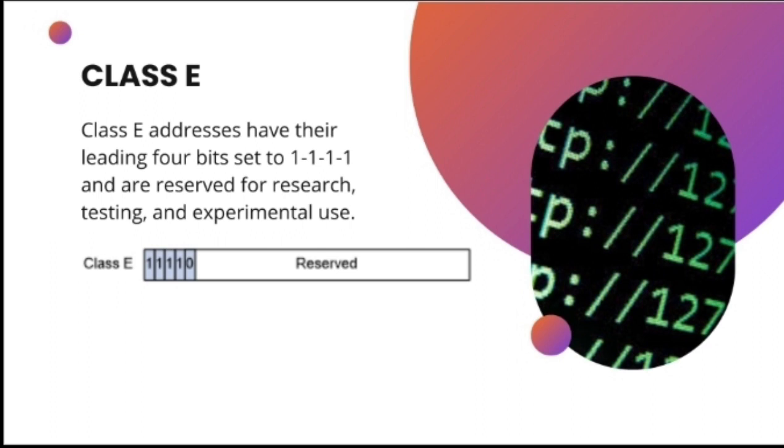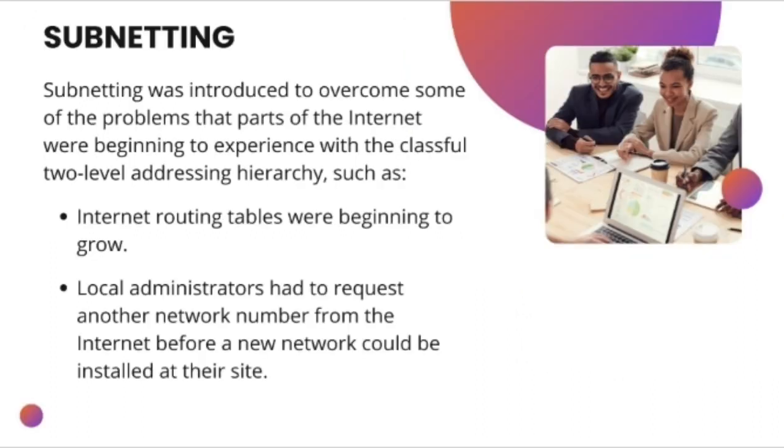Therefore, many network implementations discard these addresses as undefined or illegal. Example for a Class E IP address is 243.164.89.28.